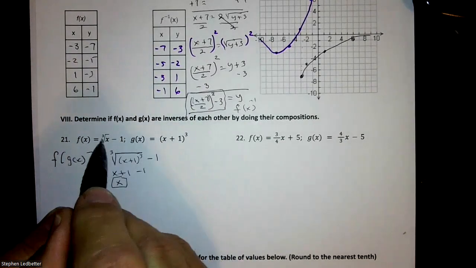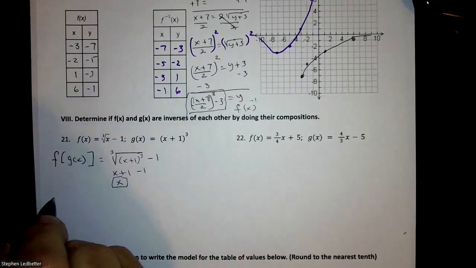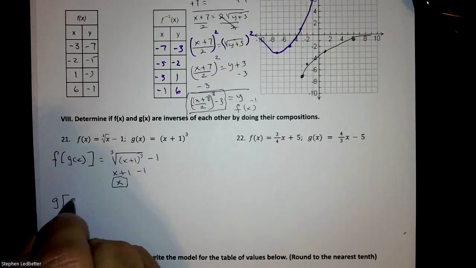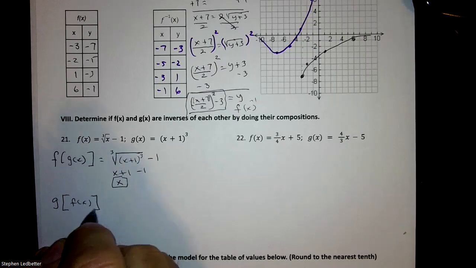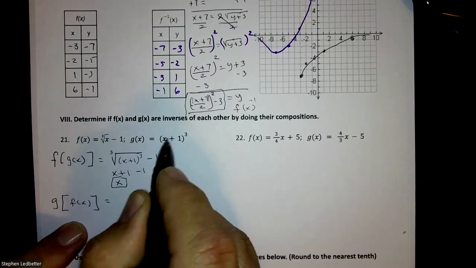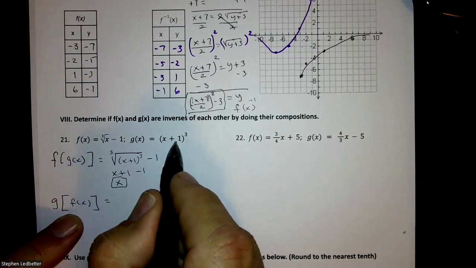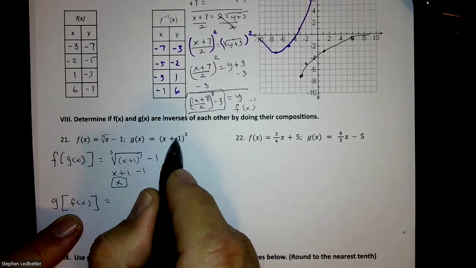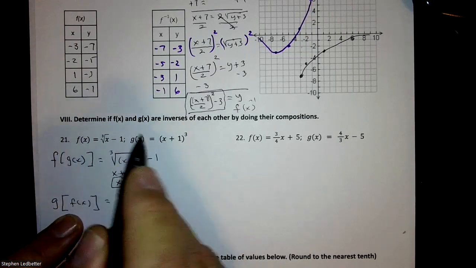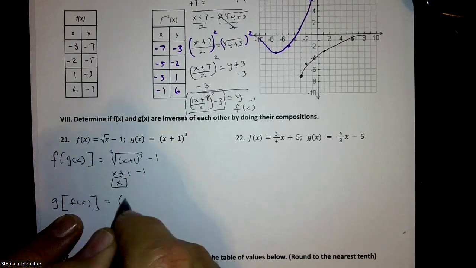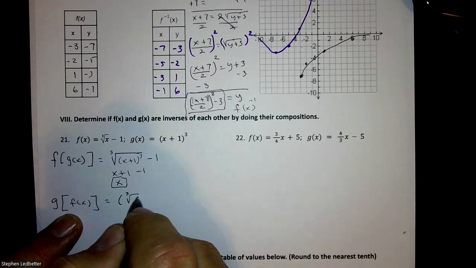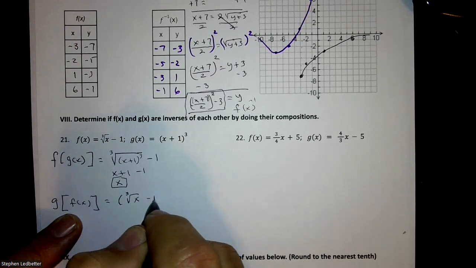Now I'm going to take this and plug it into here. So we're going to take the g and put it in the f inside the g. So this f goes inside. Well, I just put the g in there. Now I put this in here. So we're going to say open, and this is the cube root of x minus 1.